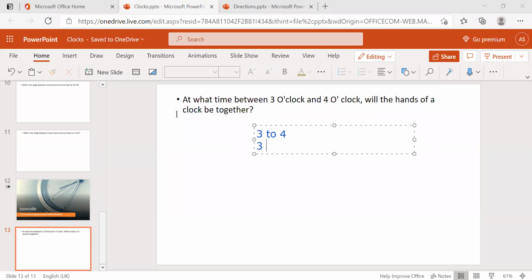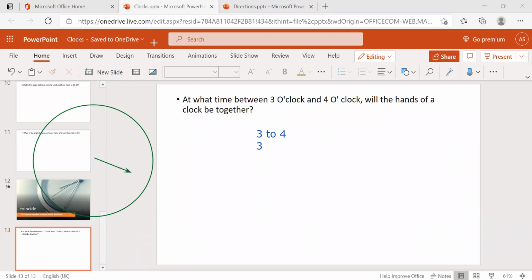Where will the hour hand and the minute hand coincide? Just between 3 and 4, right? So between 3 and 4 it will coincide.